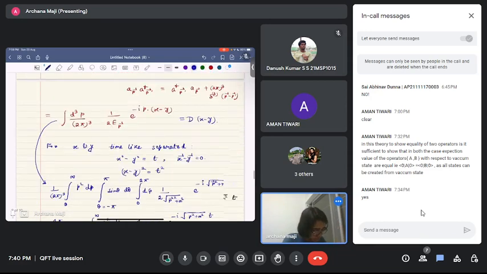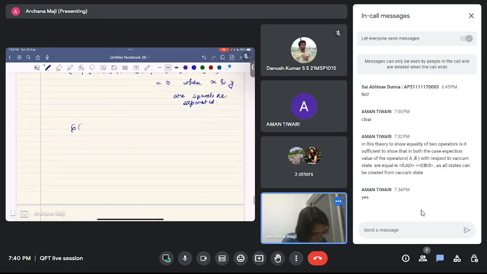Okay, that is because phi of x acting on 0, what will it give us? Let's see. This is equal to the integral d^3p over (2 pi)^3, 1 over square root of 2 E_p, times a_p exponential of minus i p dot x plus a dagger p exponential of i p dot x, acting on 0.